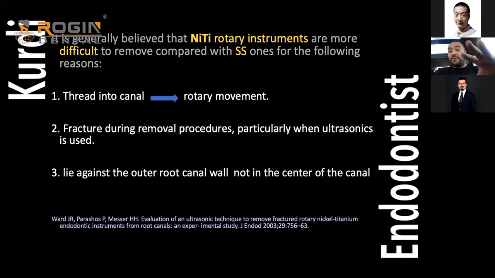Generally, it's believed that dealing with nickel titanium will be much more difficult than stainless steel. Simply, the response of stainless steel files to the ultrasonic energy, especially during retrieval, will be much better because the stainless steel file absorbs the ultrasonic energy and immediately jumps out of the canal.